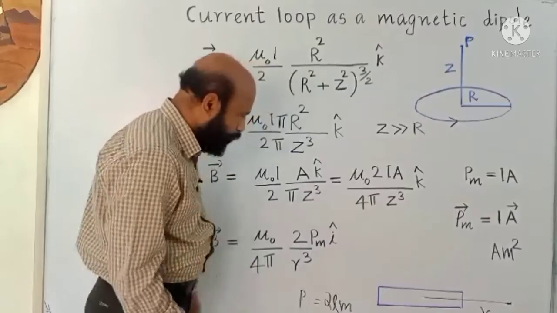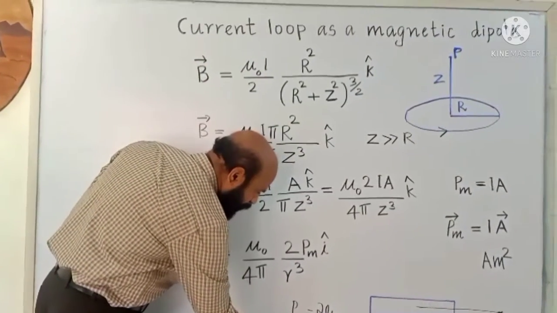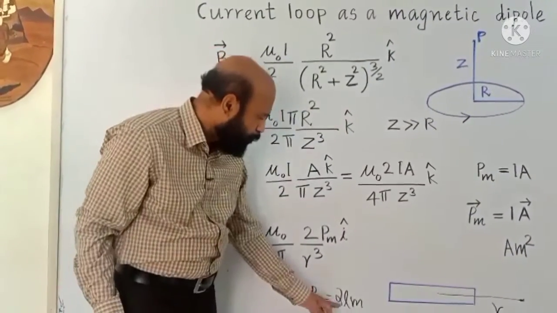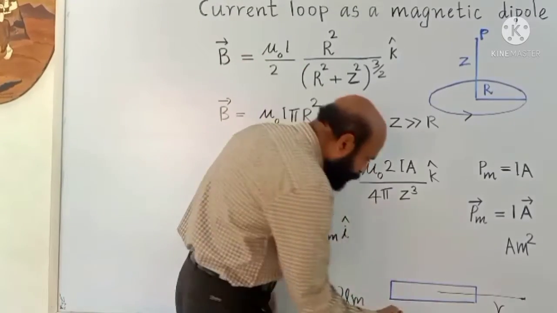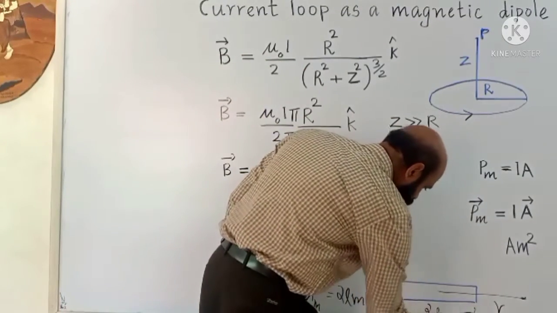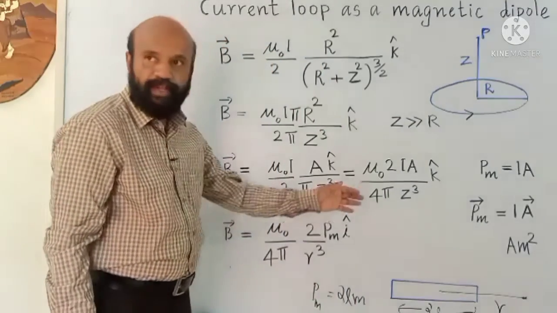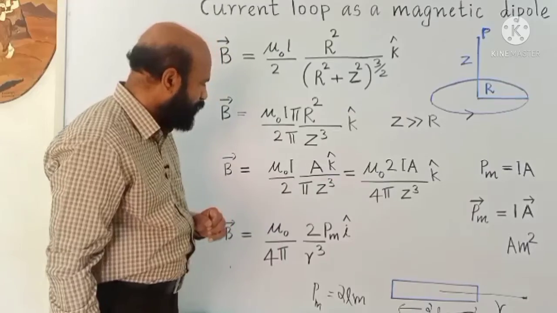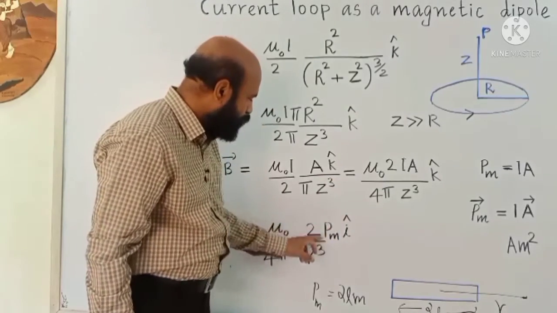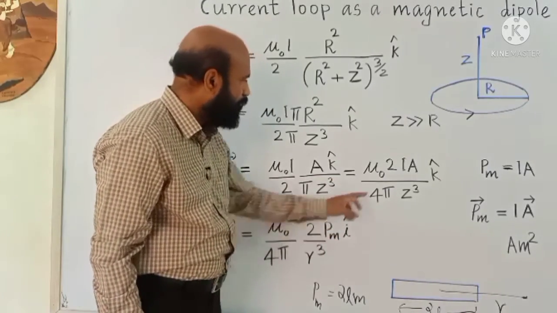Magnetic dipole moment of a bar magnet PM is 2Lm, where 2L is the length of the magnet and m is the pole strength. So you can see in the place of PM, IA.